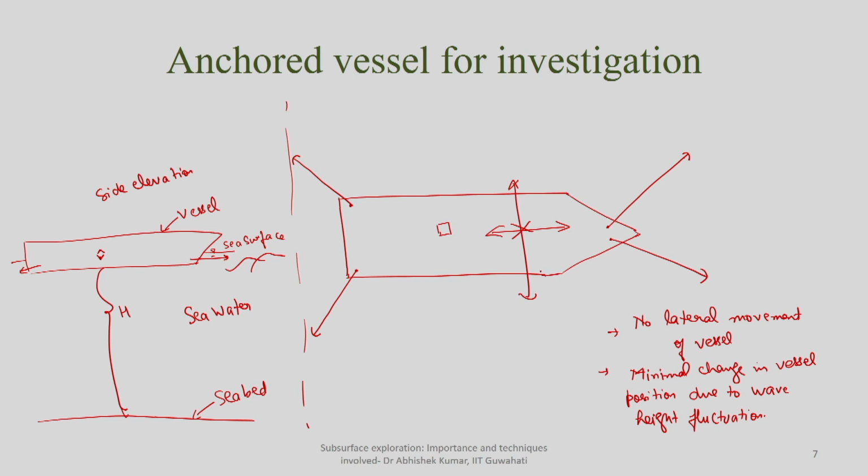These anchors in all 4 directions will also ensure there is minimal disturbance in the vertical direction, because it has a direct consequence on the sampling method or the characteristic of the sample, or it will induce more and more disturbance to the sample. So, there are 2 primary objectives here: no lateral movement of the vessel during sampling, otherwise there is error with the testing location, and minimum vertical change. This will minimize error or disturbance in the collected sample.